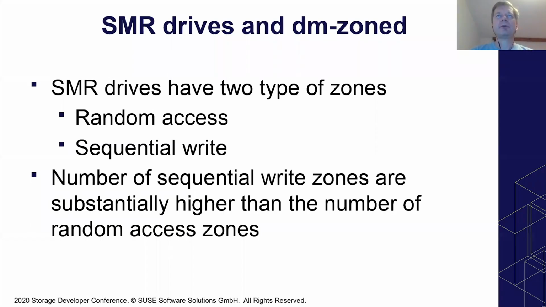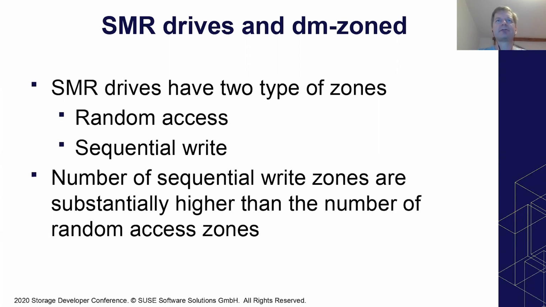All of you might be aware of SMR drives, which have been around for quite some time now. There have been several presentations at this and earlier conferences about SMR drives and their capacities and restrictions. Most notably, SMR drives have two types of zones. One is random access, where the zones behave just like normal disk drives and can be accessed randomly as normal.